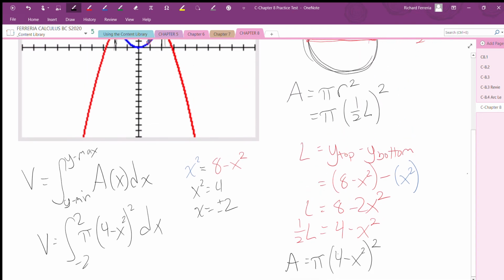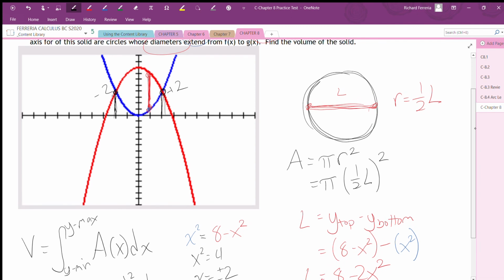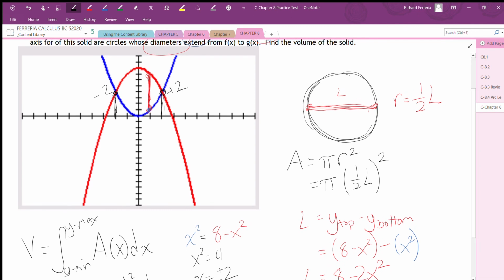Next, if I take a look at this region, I notice that the left side of the region and the right side of the region are symmetric. That's nice because I can integrate from 0 to 2 instead of from negative 2 to 2. I mean, who wants to deal with negative numbers, right?